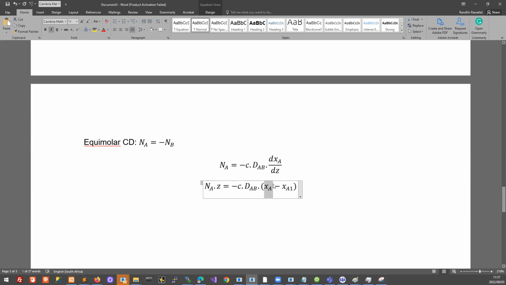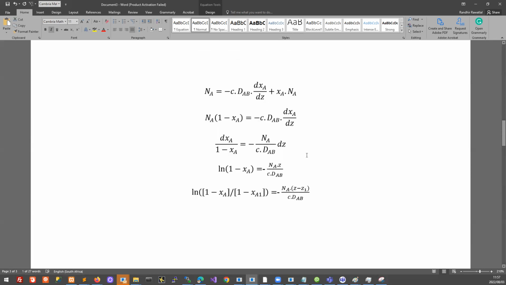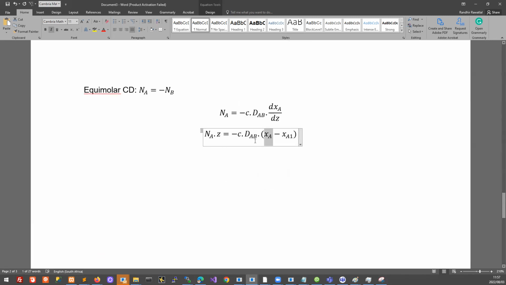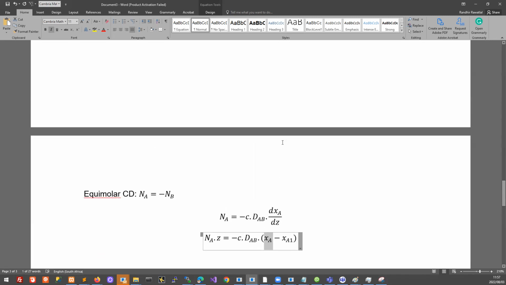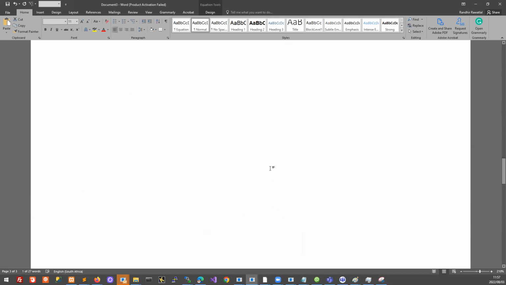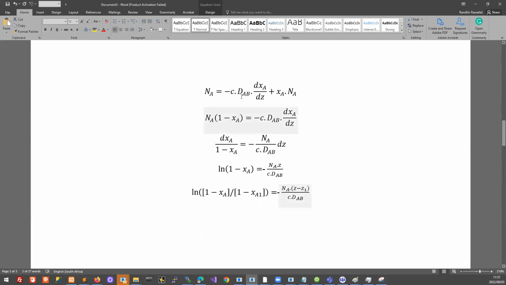Whereas this one is going to have a kind of exponential curve. So its dependence on Z is going to be exponential, whereas this one is going to be linear. And the only difference between these two cases is that we had equimolar counter diffusion here, and this one had component B stagnant. Any questions or comments there?